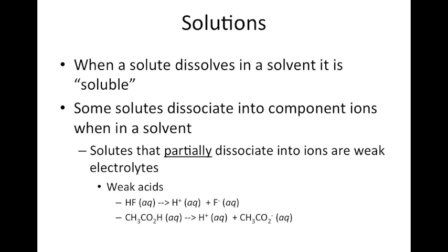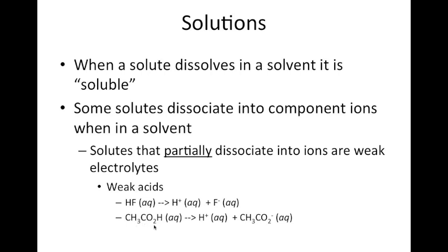Hydrofluoric acid dissociates to form a hydrogen cation and a fluoride anion. But if you had 100 molecules of hydrofluoric acid, maybe only 2 of them would dissociate. The other 98 would remain in their associated form. So that would be considered a weak electrolyte.